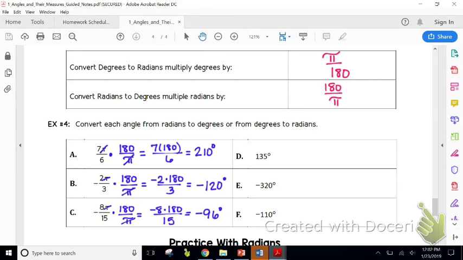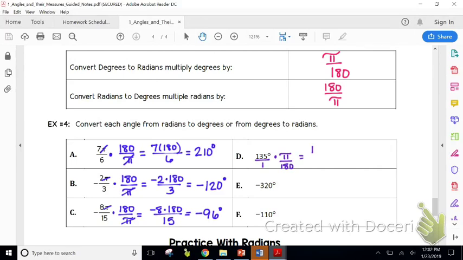All right, on D. Now we're in degrees, so we're going to convert to radians. So what are we going to multiply by? Pi over 180. Well, remember, if you wanted a fraction, put it over 1.